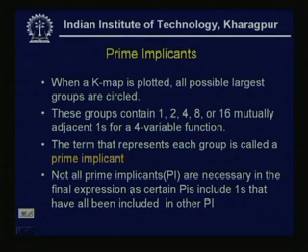Now, there exist some ones which are included in a couple, and the same one may be included in a quad. So, then the contribution of that one is actually twice, it is in one quad and also in one couple. So, the third point is that not all prime implicants are necessary. Now, we will see that method, so that it can be reduced further.